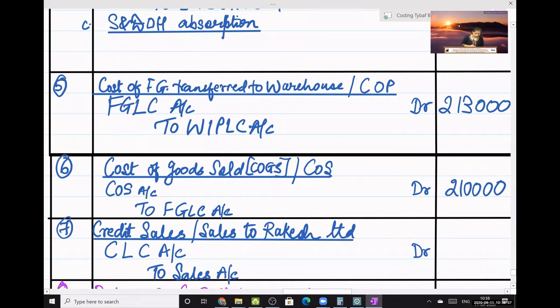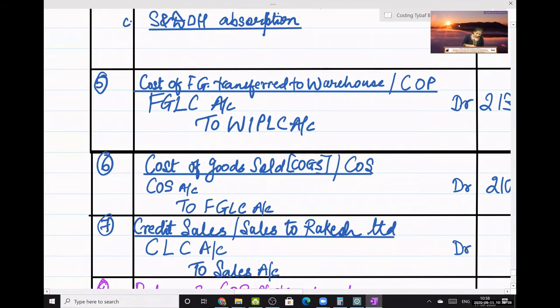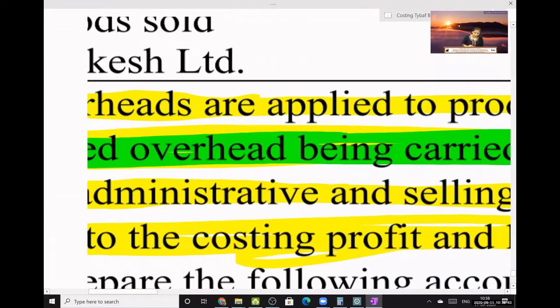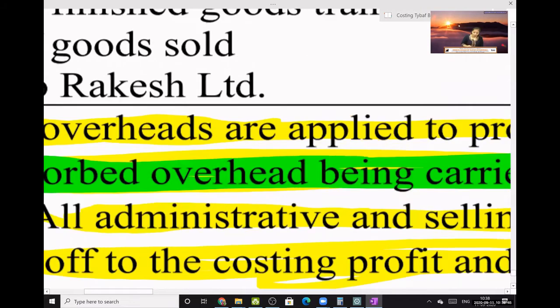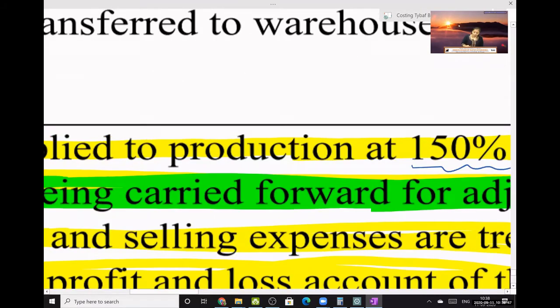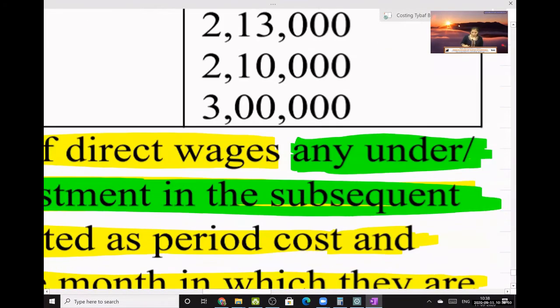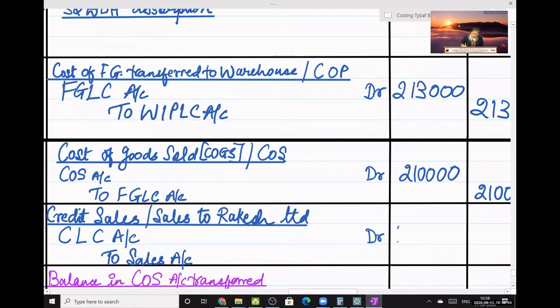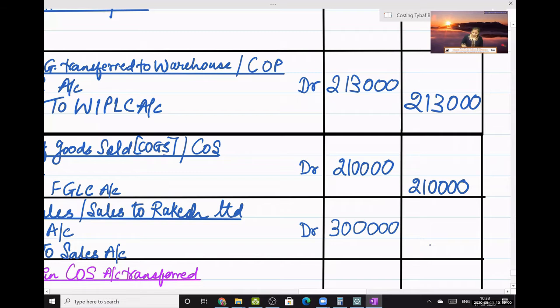Let me see what is the value. Sales to Rakesh Limited, 3 lakhs. Okay, right here, 3 lakhs.